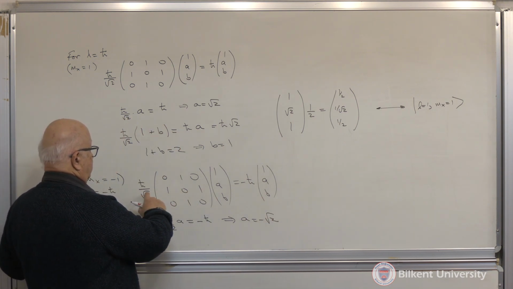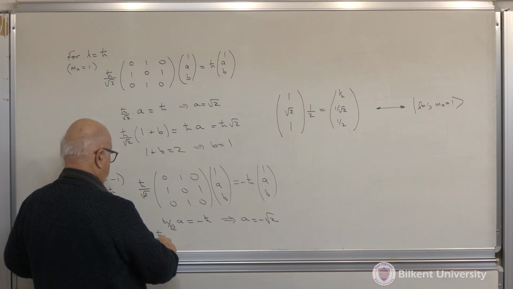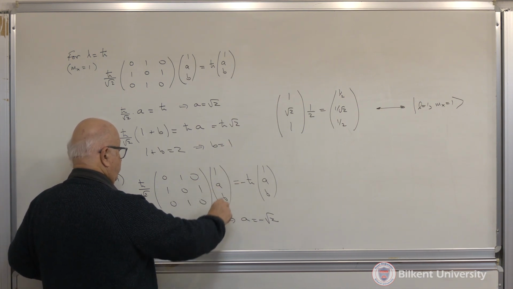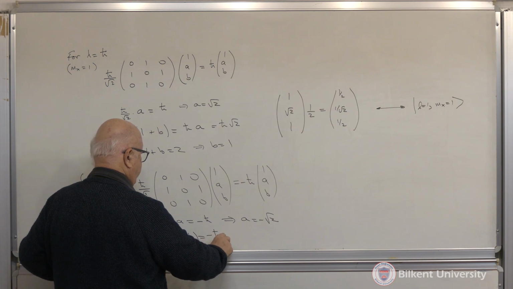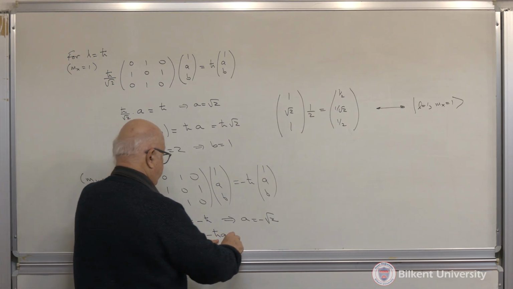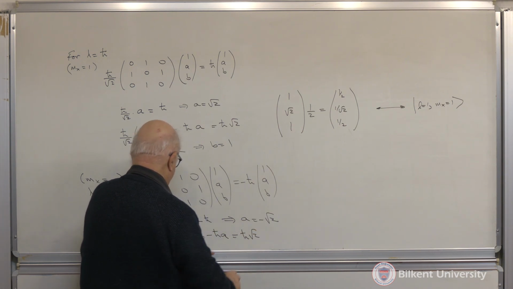The second line gives me h bar over root 2, 1 plus B is equal to minus h bar times A. So minus h bar times A is plus h bar times root 2.